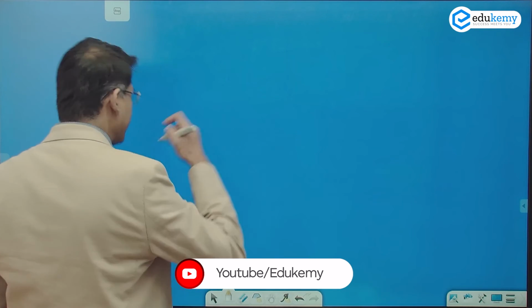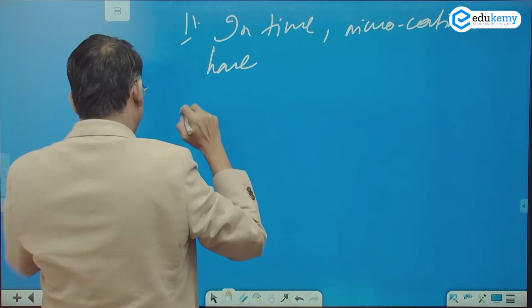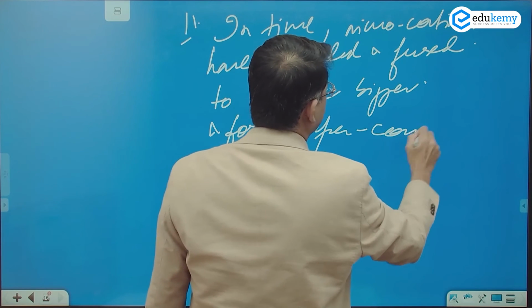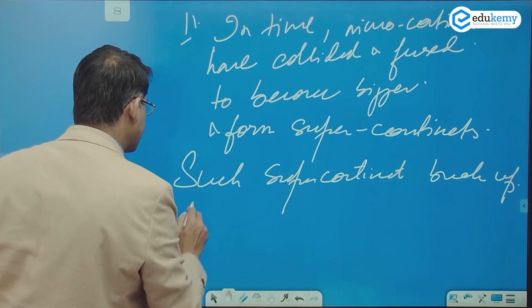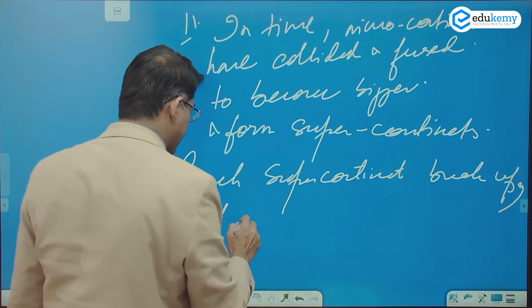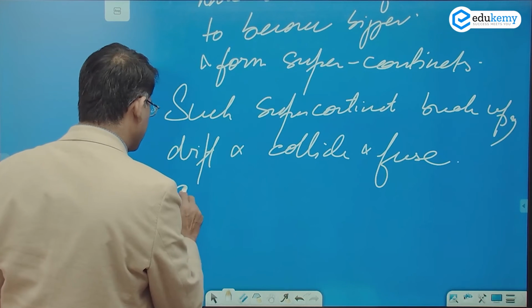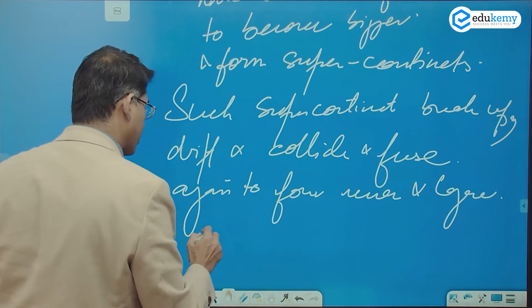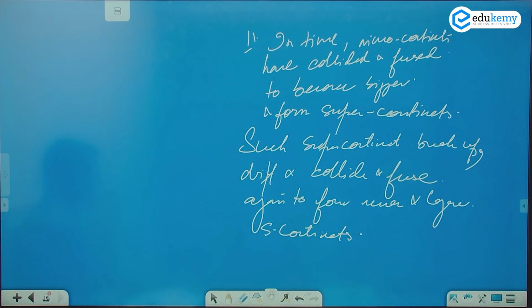In time, microcontinents have collided and fused to become bigger and form supercontinents.